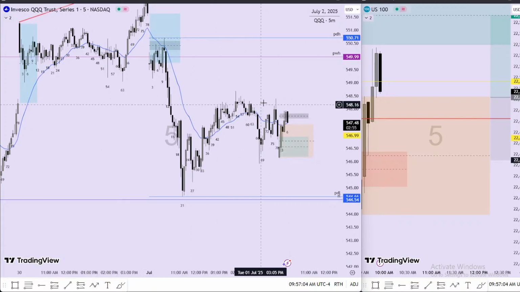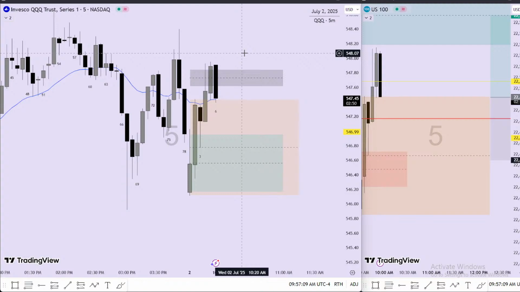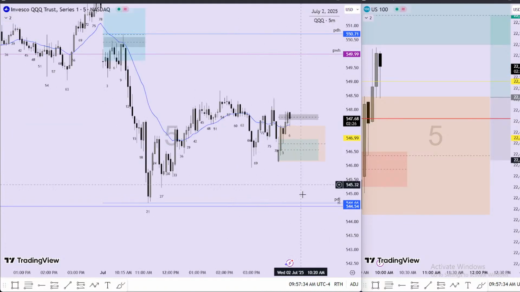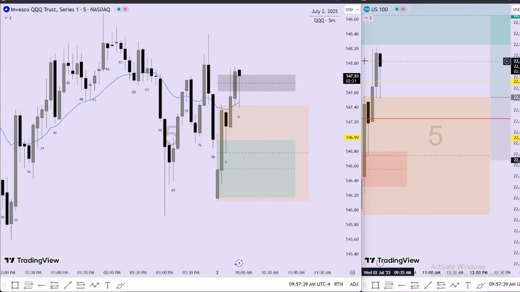This can definitely resume towards the downside as we saw yesterday. But we are still above the moving average. For that to happen, I need the price to come back within the range, give me some closes below the moving average, stay here for a while, then I'll be looking to go short as I wanted to before the market opened.